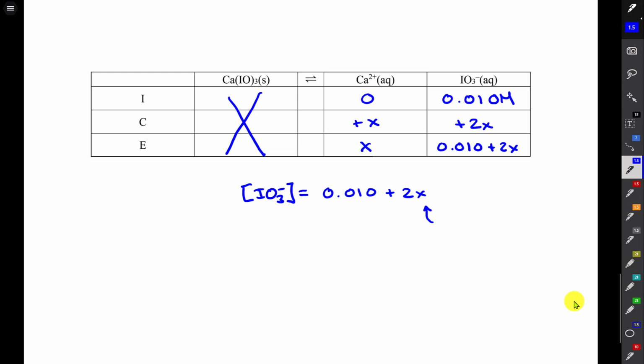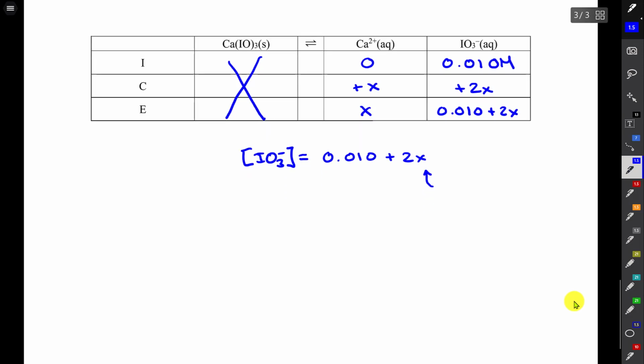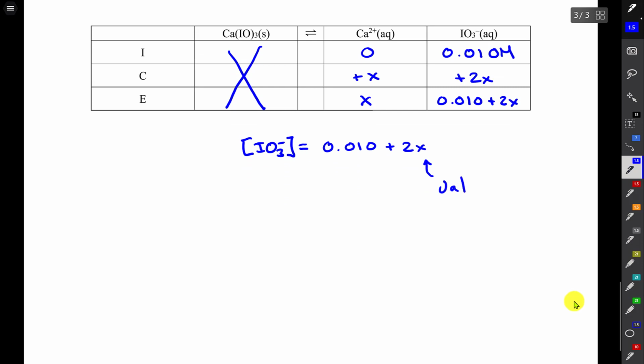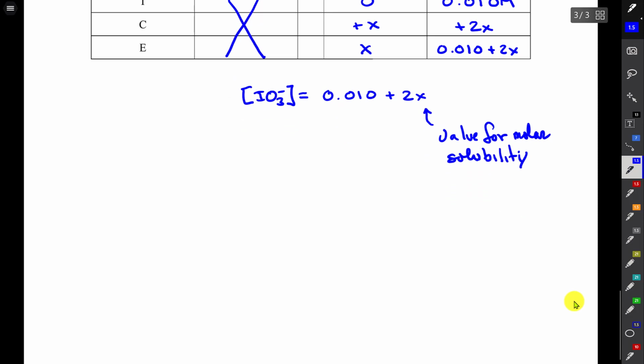You're going to have to rearrange the equation. But the value for x, and this is called the molar solubility again, is lower for part 2 than for part 1.